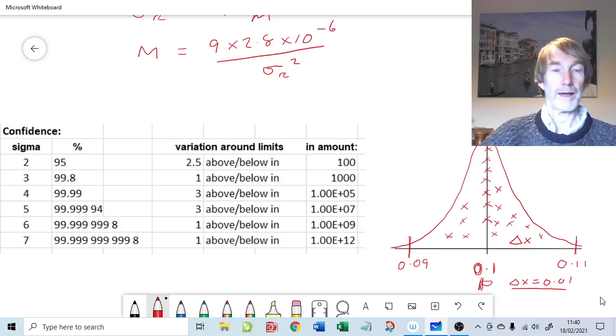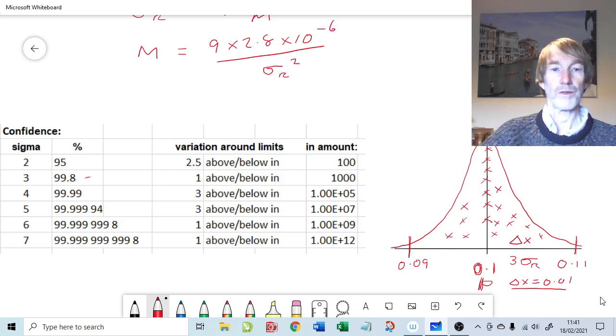Okay, now we use the normal distribution, because if this is 2 sigma, well, that's silly. Let's start with 3 sigma. If this was 3 sigma, and I'll have to call it sigma r to be consistent with what we've been talking about previously, then 99.8% of the distribution is within plus or minus 3 sigma.